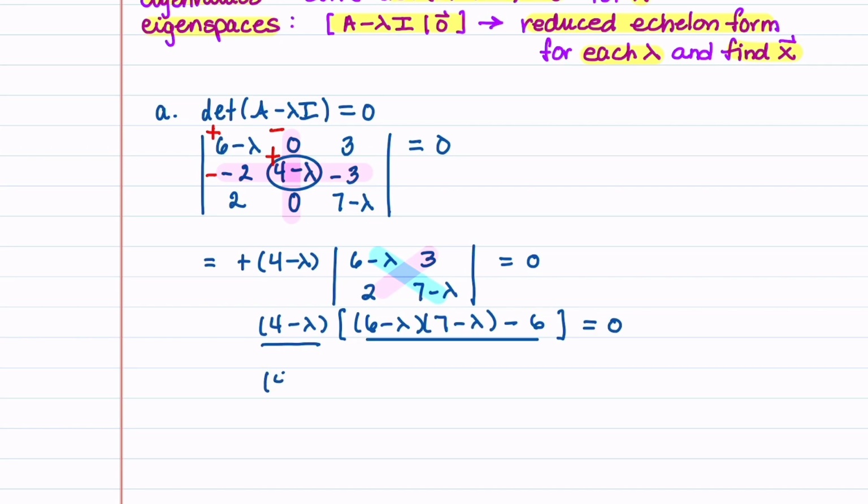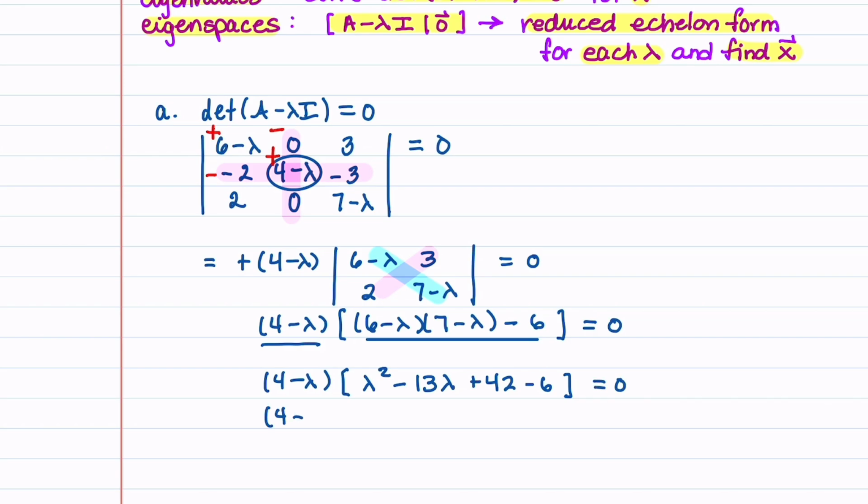So we have a 4 minus lambda, and then in this middle part, we're going to have a lambda squared minus a 7 lambda minus a 6 lambda, so that's a minus 13 lambda, and then we have a 42 minus a 6, and that's equal to 0.